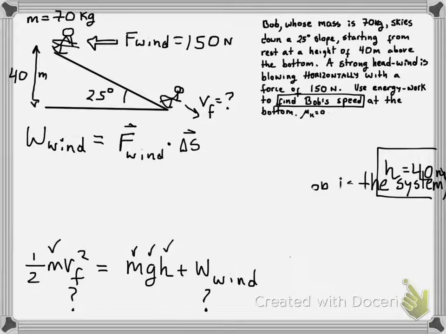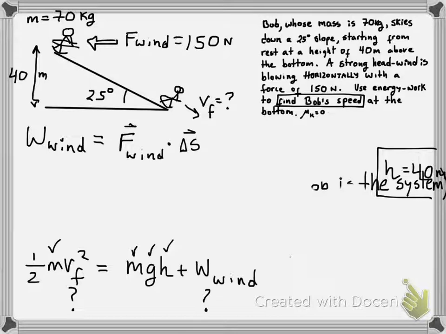So by definition, the work done by a force is the dot product between the force vector and the displacement vector. So that's the force of the wind, which is a vector, points in a specific direction, in this case to the left, and the displacement vector, which is the vector that points from the initial location to the final location. It's a dot product between those two vectors.